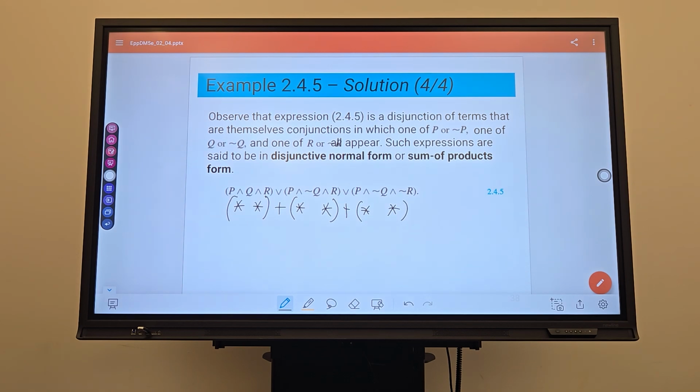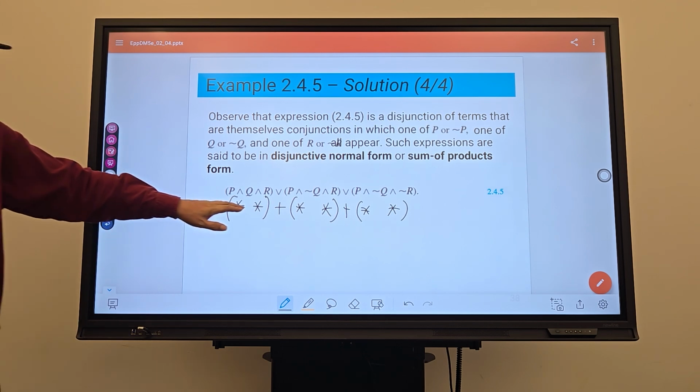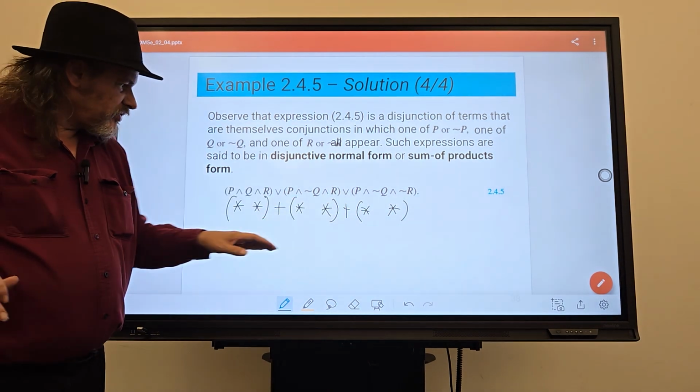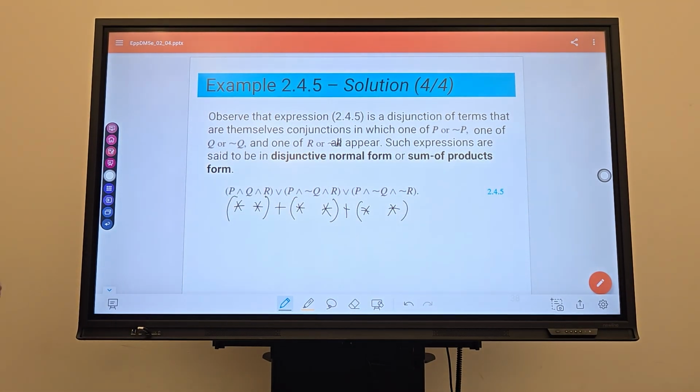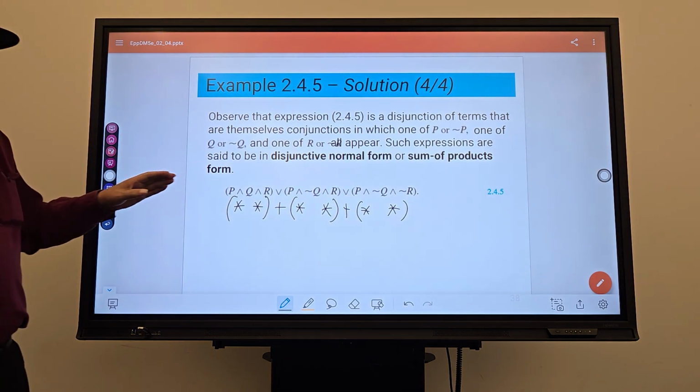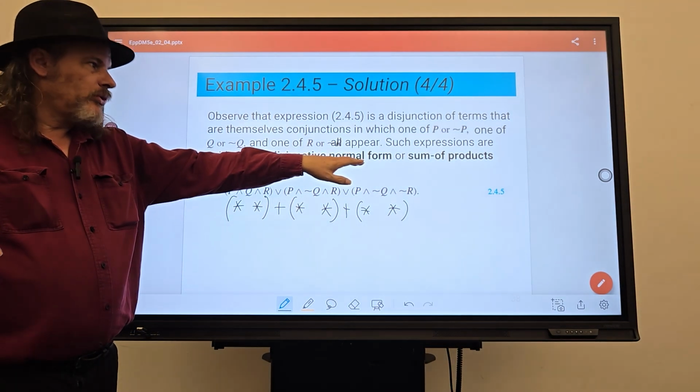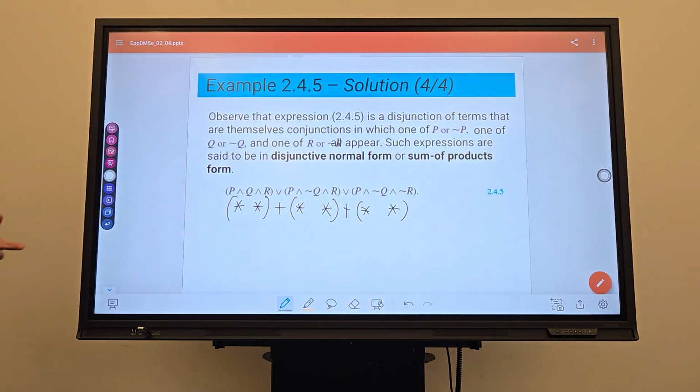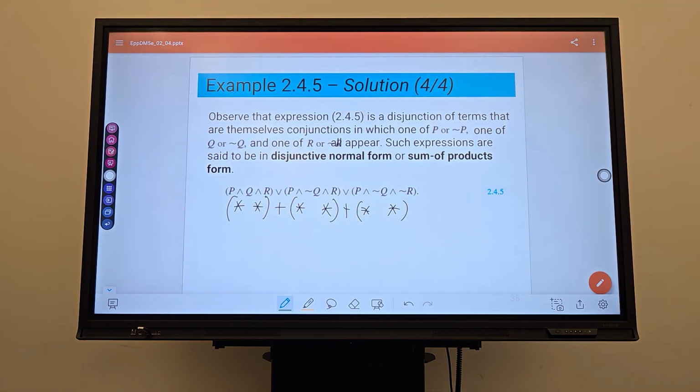So this form is called, in digital logic at least, the sum of products, because you're summing up these individual products. In math circles, they call it the disjunctive normal form, which is not as descriptive as the sum of products, I don't think, at least not in my opinion. But in digital logic, you'll see it referred to as the sum of products form.